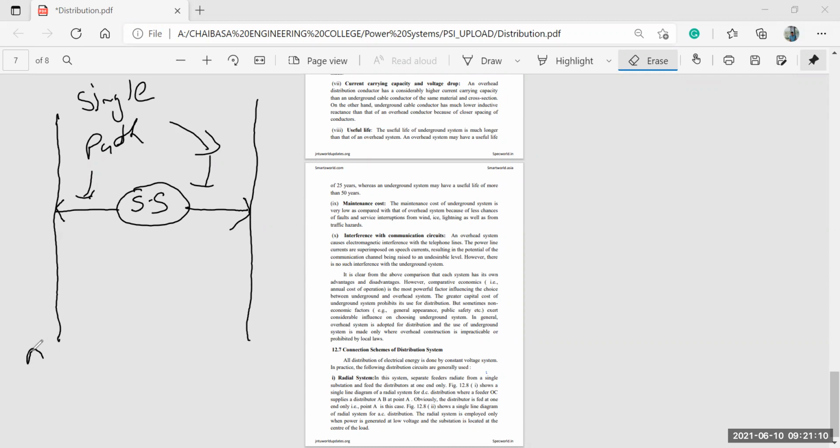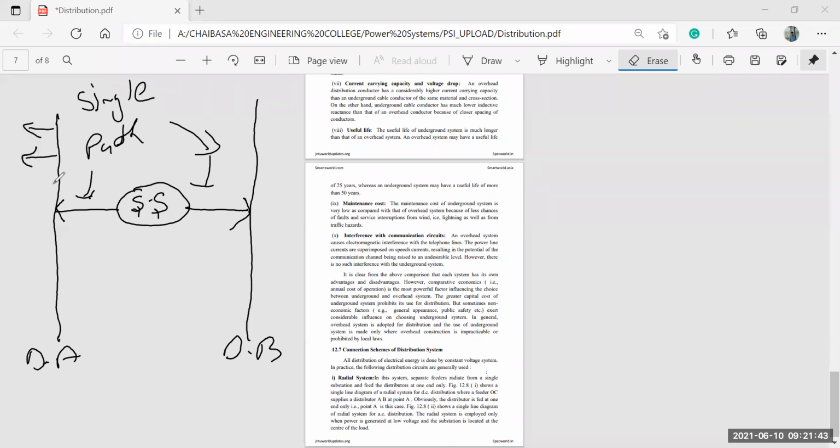So if we name this distributor A, and this distributor B, and this is your localized substation from where it will be distributed, right? So only one path or single path is connected between a distributor and this substation, and this is called your radial distribution system.